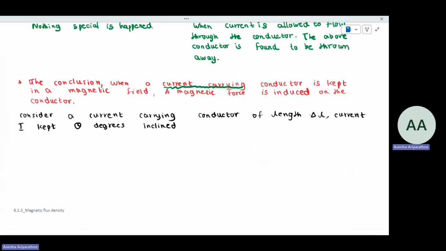To get a general expression, let's keep it theta degrees inclined to a uniform magnetic field.